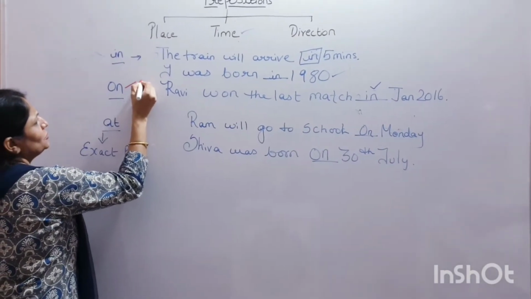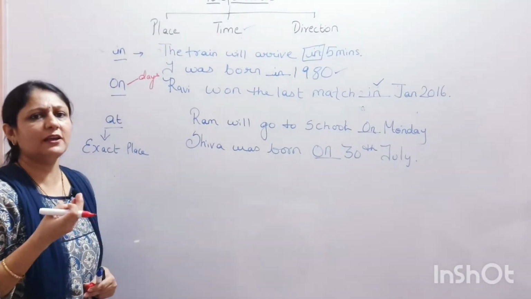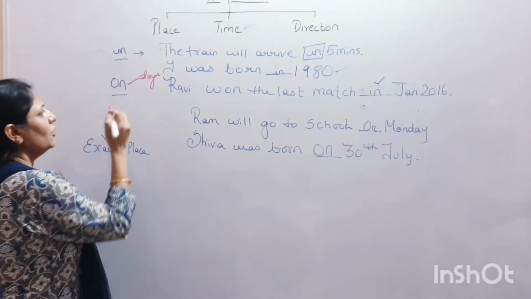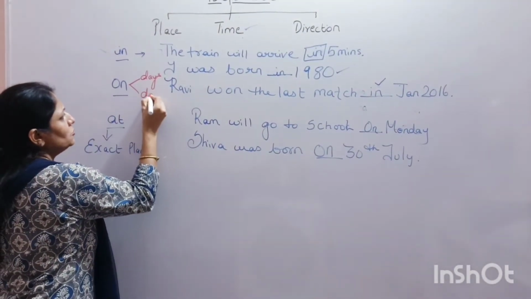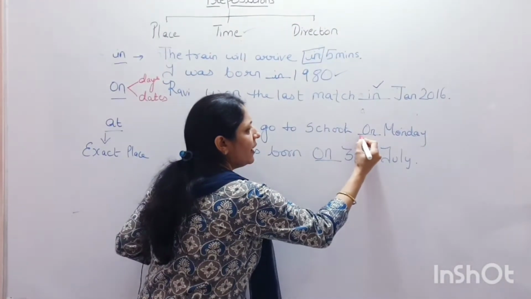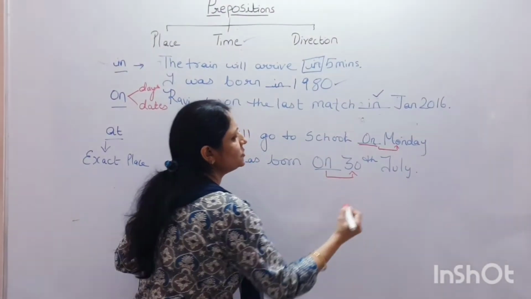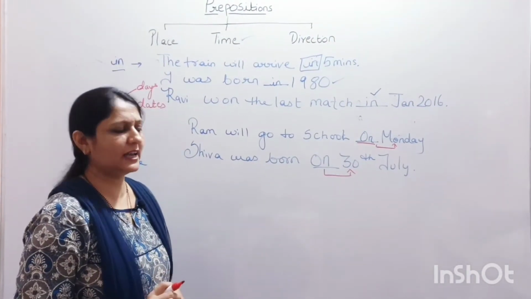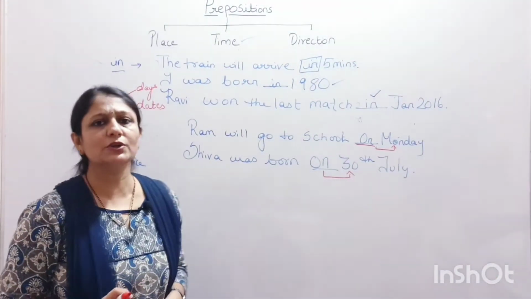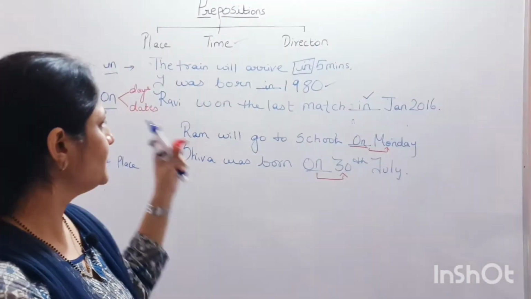It is used with days. Days means Sunday, Monday, Tuesday, Wednesday, or it can also be used with dates. So here in these 2 sentences, I have used on with a day, and here I have used on with a date. So on is also used as a time with dates and with days.